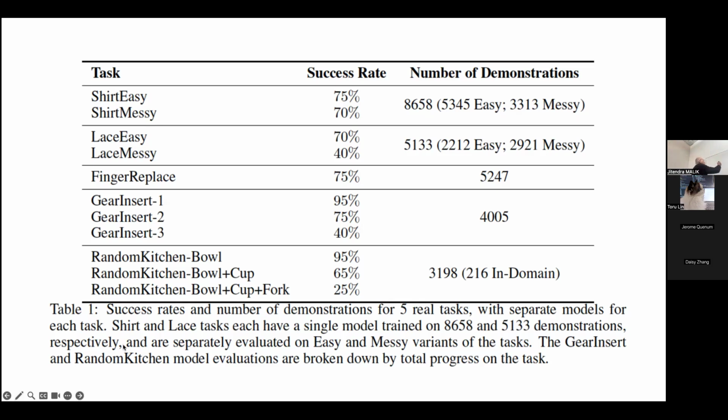There are two, right? Generalization. And the second is robustness. So what do I mean by generalization? Generalization means that it should generalize across different objects of different size, shape, appearance, and so on. It should generalize across different tables and surfaces.